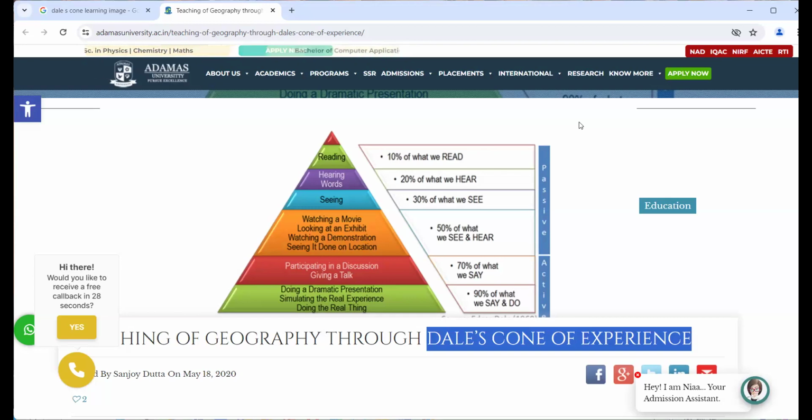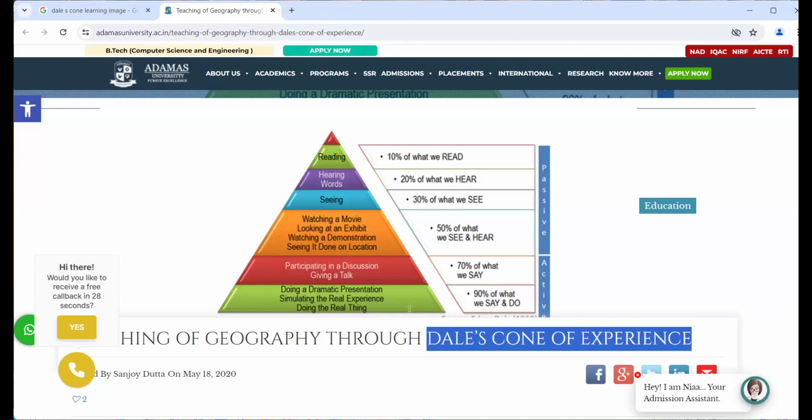If you get them to say and do something, they remember 90% of what they say and do. So in the 5E model, you get them to do the activity and then explain. Take a history lesson: if the teacher explains and students just listen, they remember only 20%.